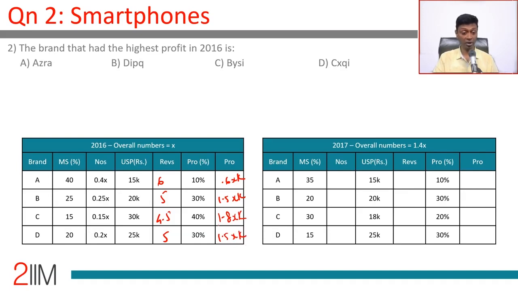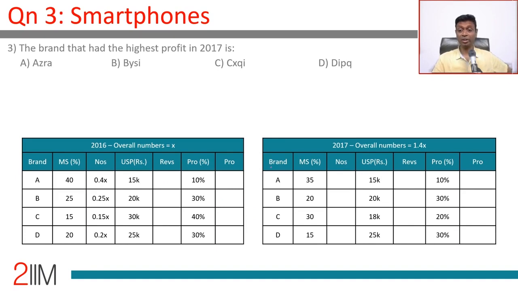Highest profit in 2016 is C, CXQI, this number. 40% profitability is a sizable number. That's a lot. So it helps to track that. Now we pretty much fill this and this. We've answered 2 questions, but in that process, we filled out 2 columns for 2016.